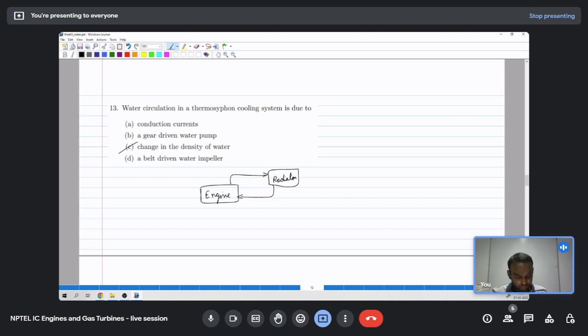So only the cooled coolant will come down from the radiator and enter the engine, and while cooling the engine, the coolant will get heated up, and because of this its density goes down and then it will rise up and come to the top of the radiator. Because of this the flow happens, and that is how the thermosiphon cooling system works. So the flow occurs because of change in density of water.